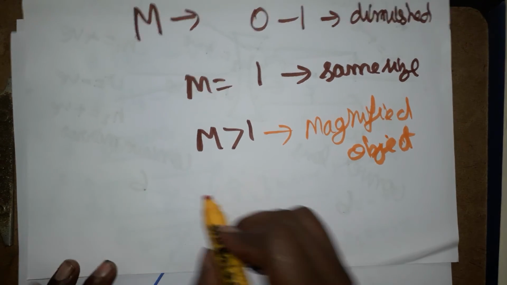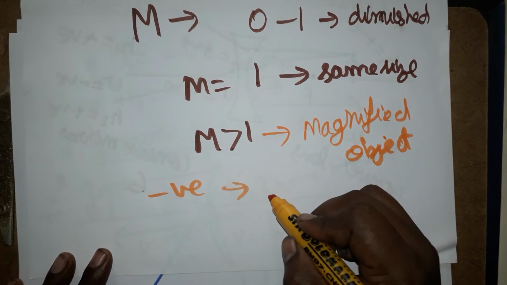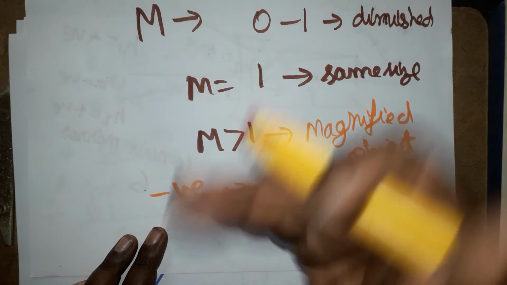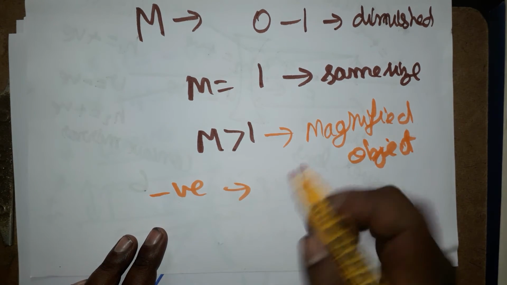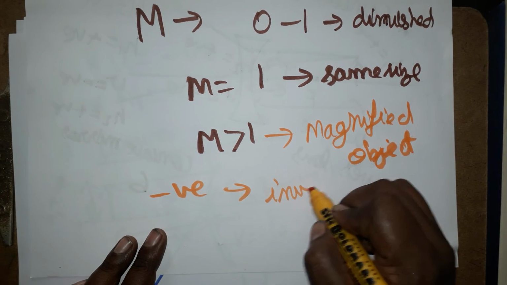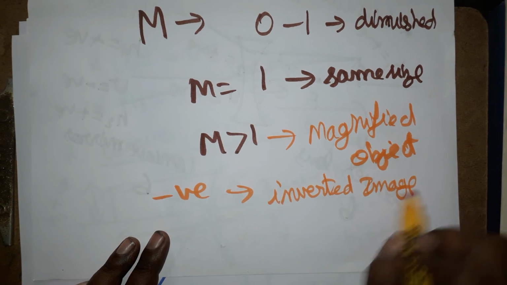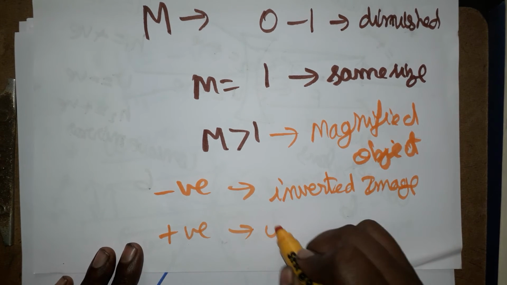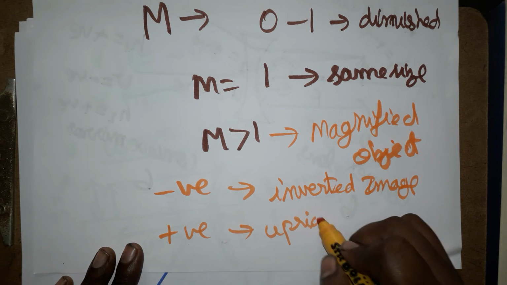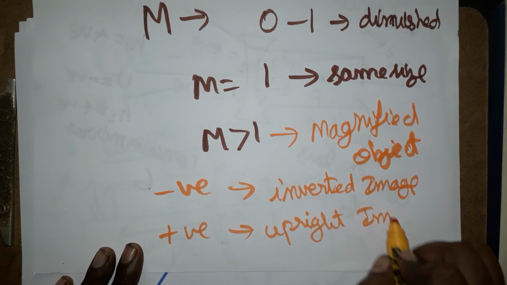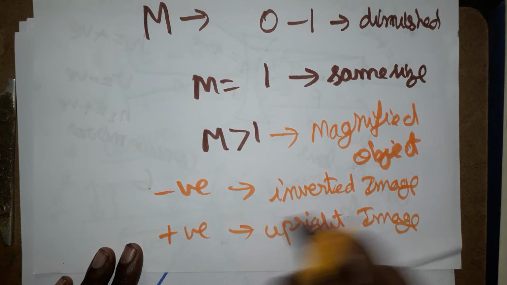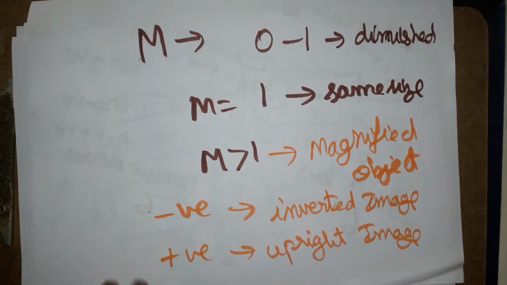Now the negative sign, if you get it in magnification, already I told you negative is for an inverted image. Positive is an upright image. I want to tell you one more thing. Inverted means always real, upright means always virtual.